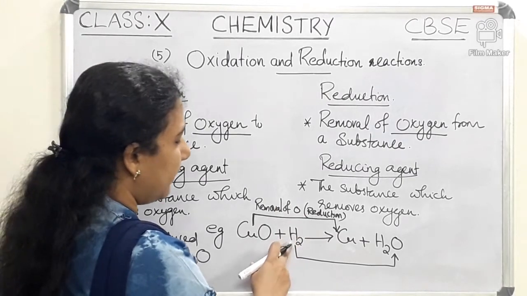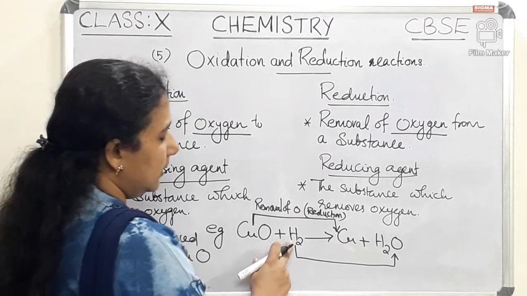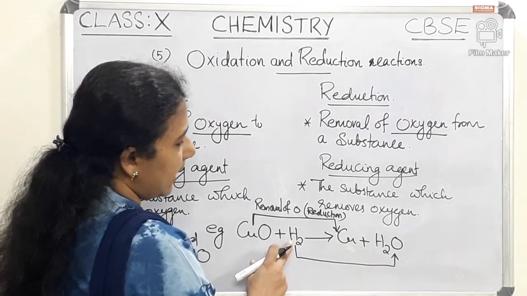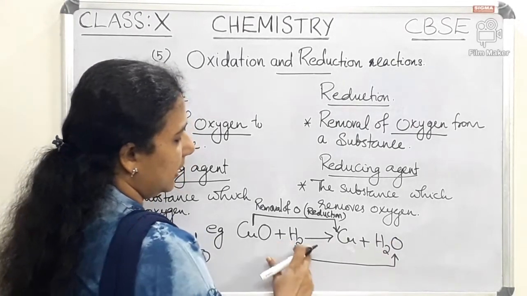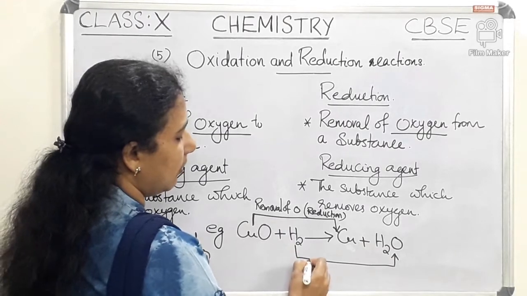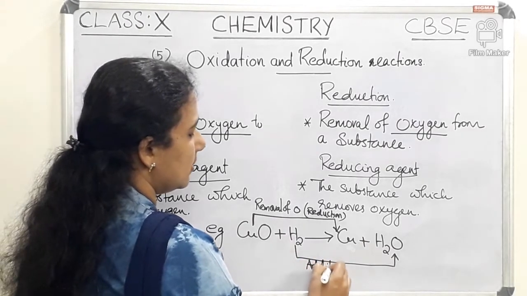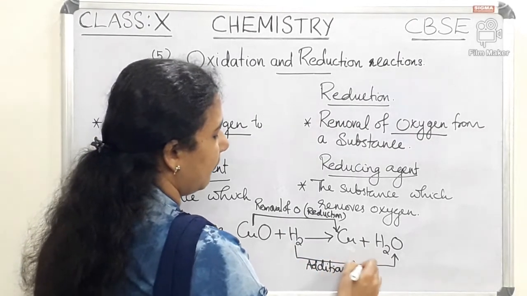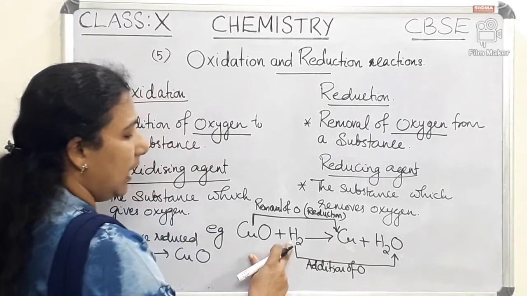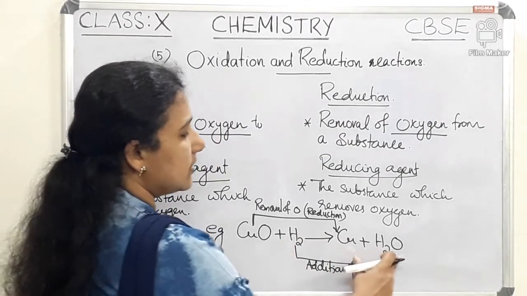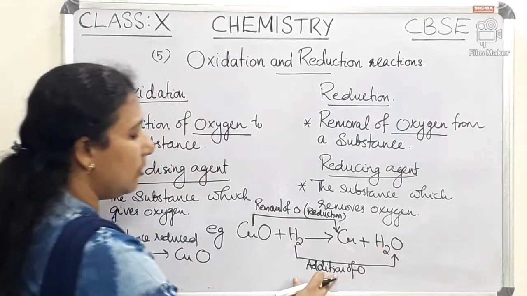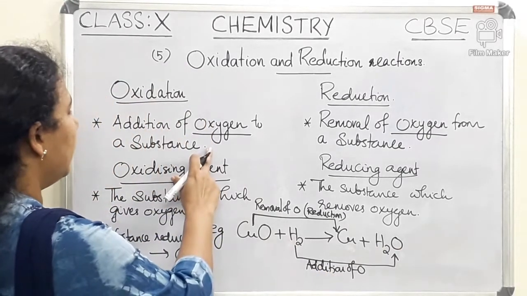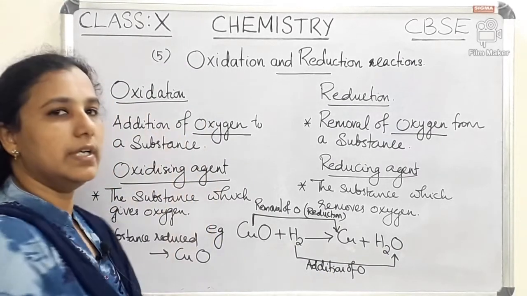Now let's see what happens to H2. Here H2 is added with an oxygen. Here there is an addition of oxygen, and H2 changes to H2O. So addition of oxygen to a substance is called oxidation.